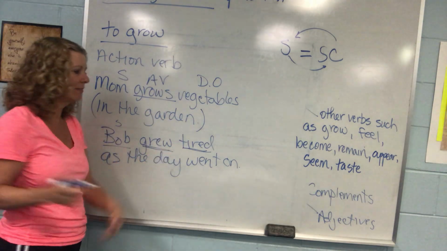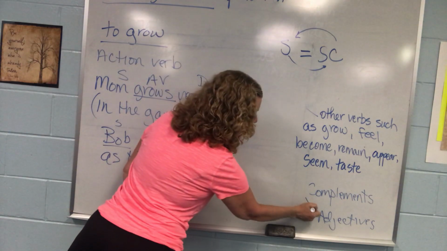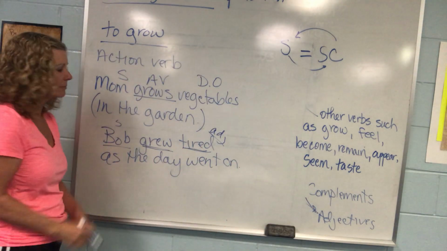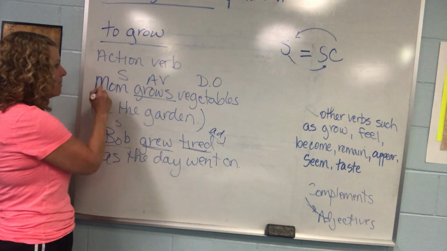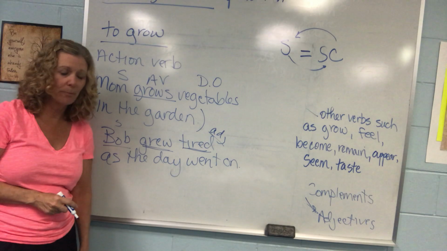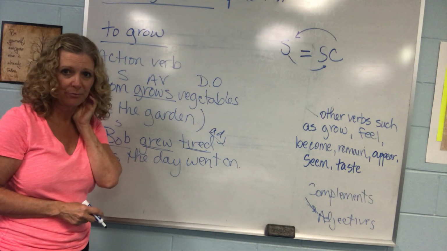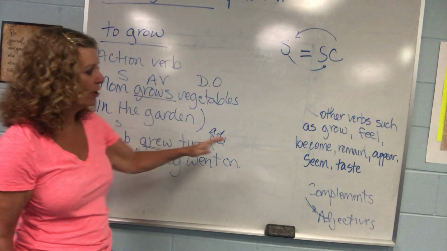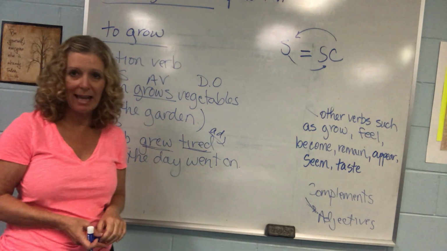Tired here is an adjective. It's a subject complement that is an adjective. So Bob grew tired is a linking verb. Mom grows vegetables is an action verb, even though we're using the same exact verb, to grow. Okay? And if you look at this list, you can do this with other things like taste.